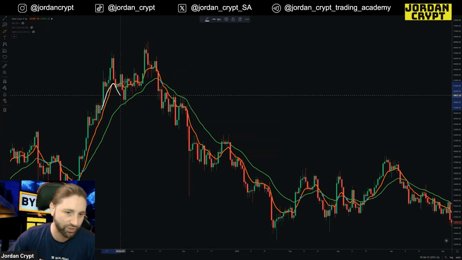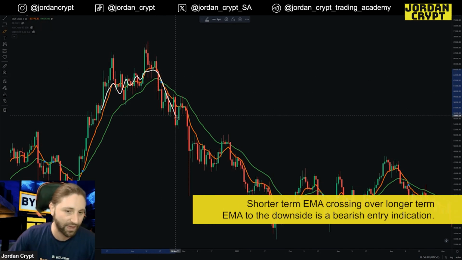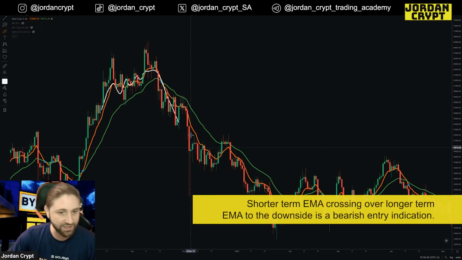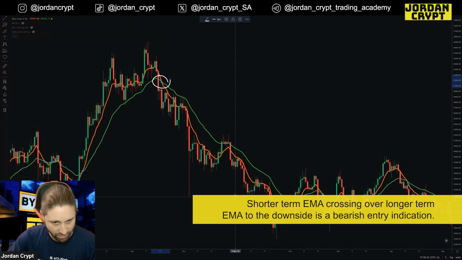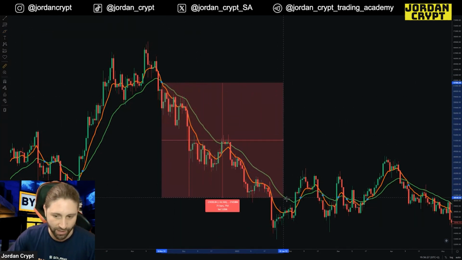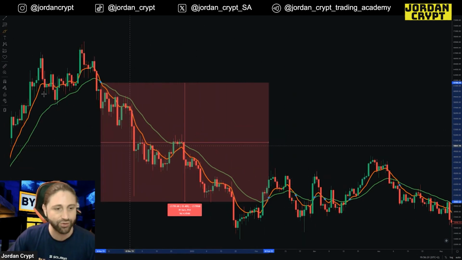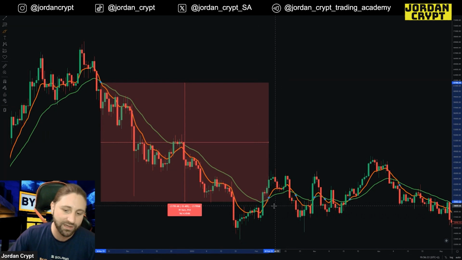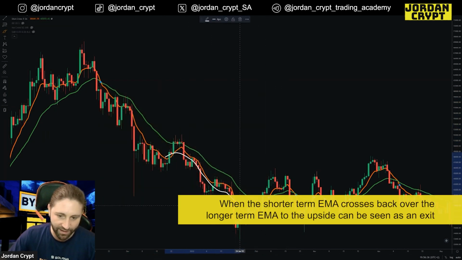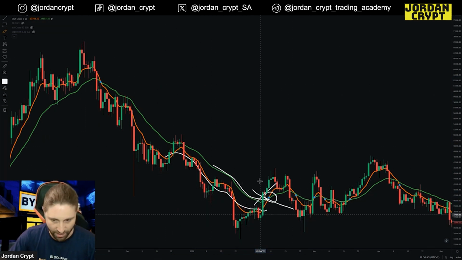When your shorter term moving average crosses over your longer term moving average to the downside, this is known as a bearish cross, right? And that's when you can start to entertain your short trade. In terms of exits, you just look at that in reverse. You look at where does your faster moving average cross over your slower moving average to the upside. And that is where you can see you would have exited that trade.